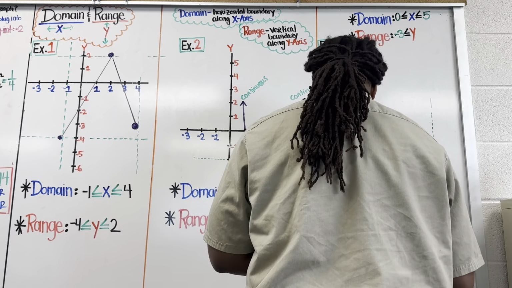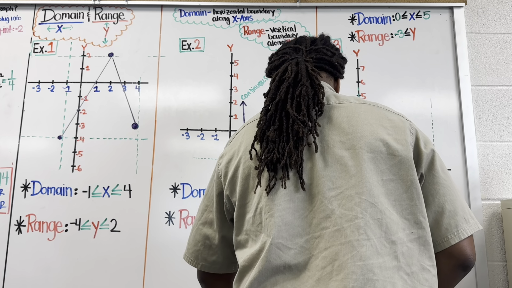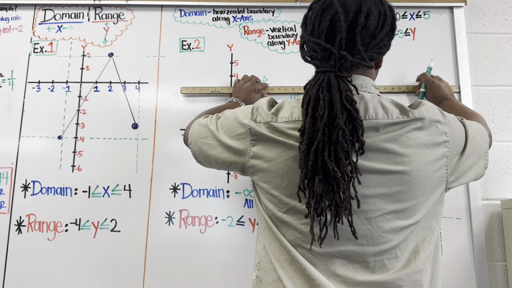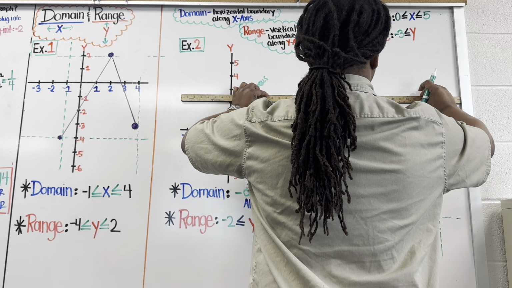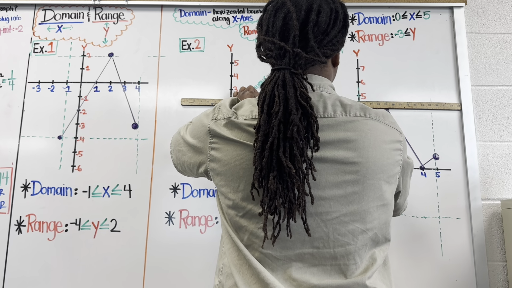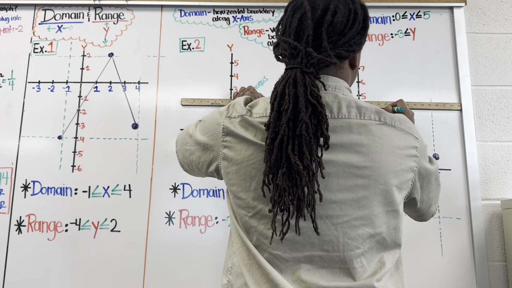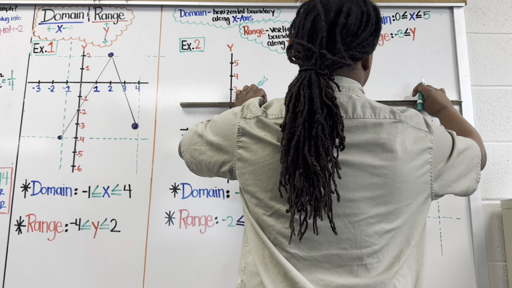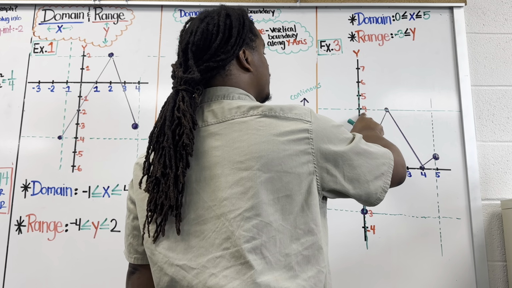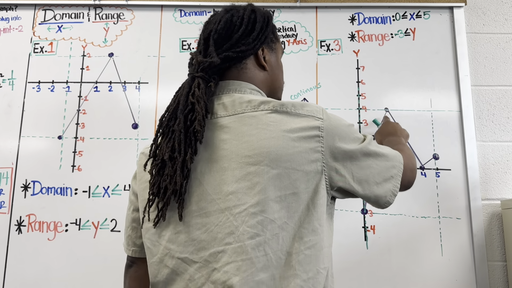Now we're going to go from the top, and we're going to find out what is the highest value that y could possibly be. The highest point of the function is at y equals +4, and that's a closed circle.